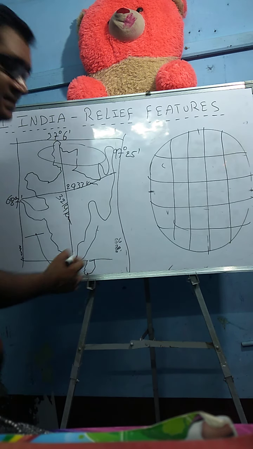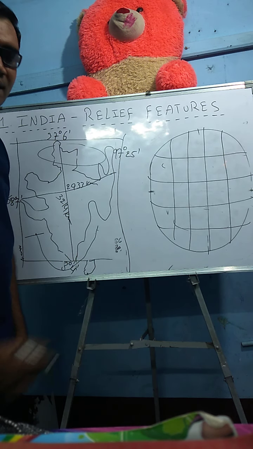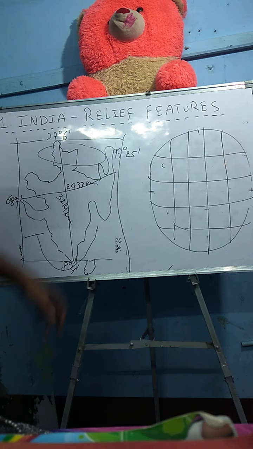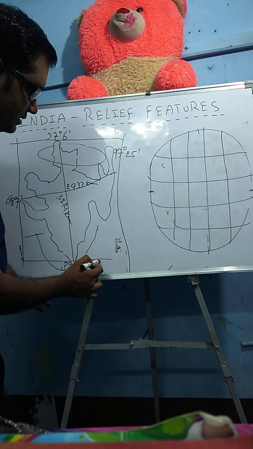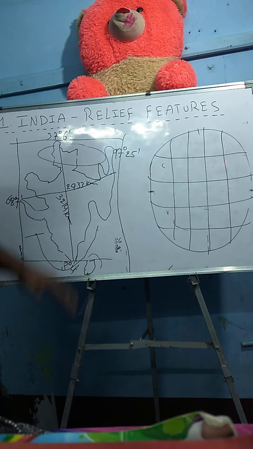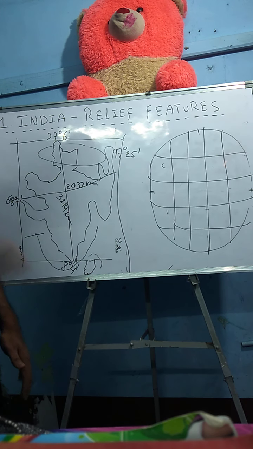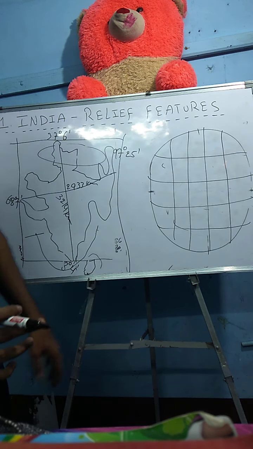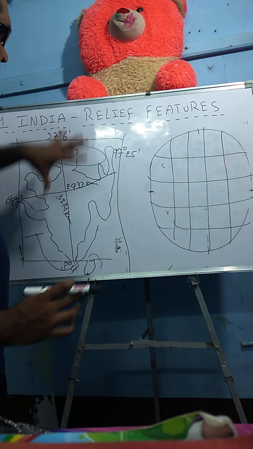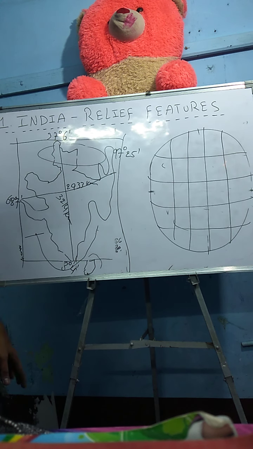If all four sides have water, Sri Lanka is the example. We call Sri Lanka an island because all four sides have water. But from India's point of view, only three sides have water and one side is blocked by land. So three sides water, one side land, we call a peninsula. The examples are given here.